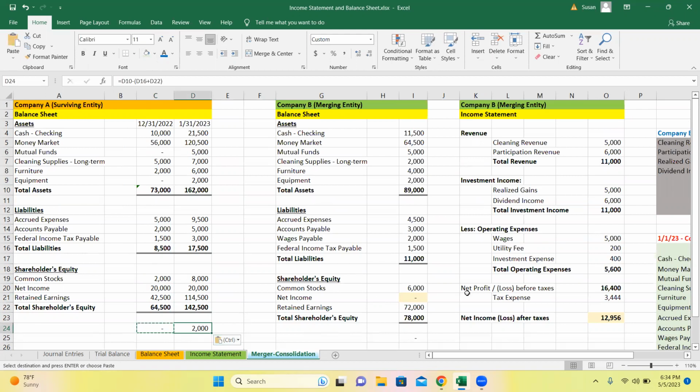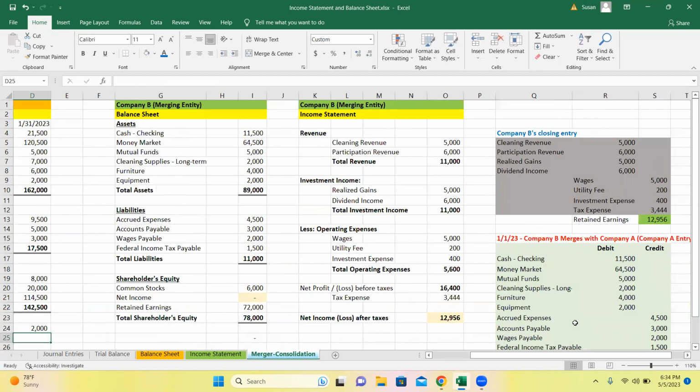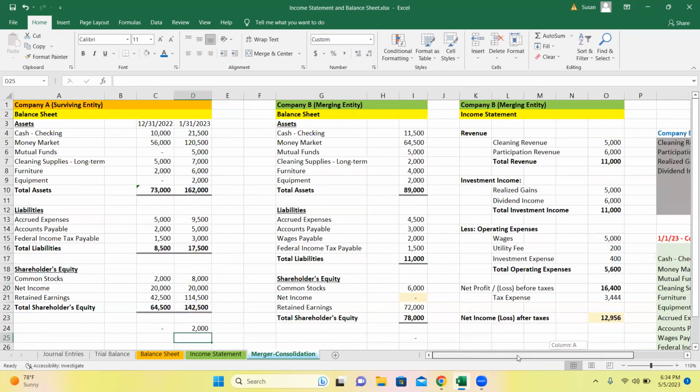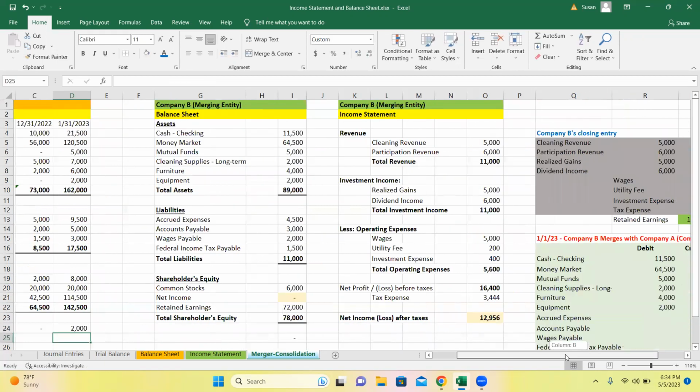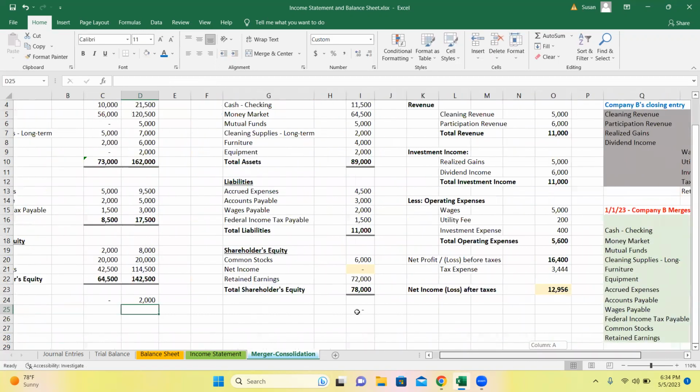So now I'm going to do another check here. And it says I'm off by $2,000. So let me double check what I am missing here. Okay, it is actually wages payable.